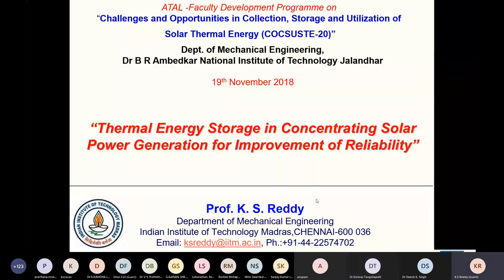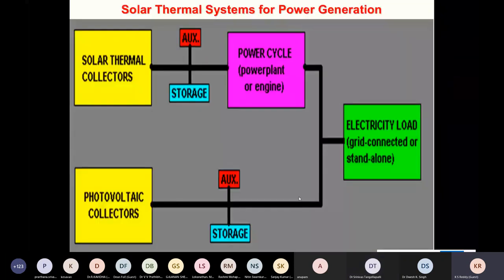That is only possible with thermal energy storage. Energy storage plays a major role in the reliability of power plants. So we will discuss the reliability of power plants, the different thermal energy storage systems and so on.